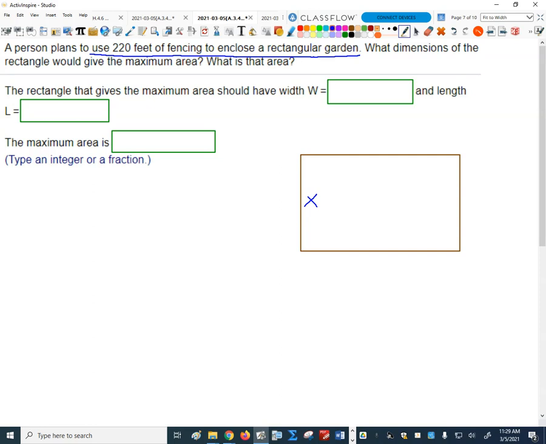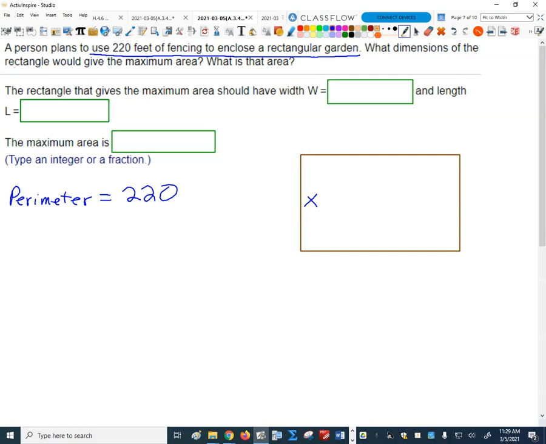The fencing goes around the blank of the garden. What's the perimeter? Sure. So we know that our perimeter in this case equals 220 feet. Everybody agree?